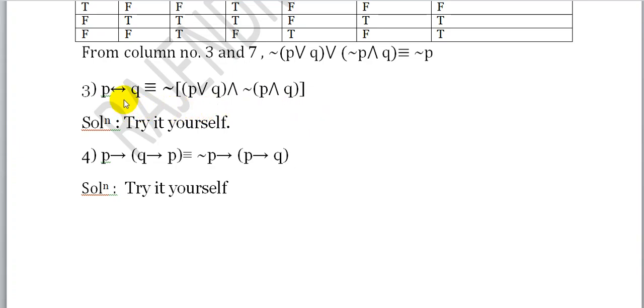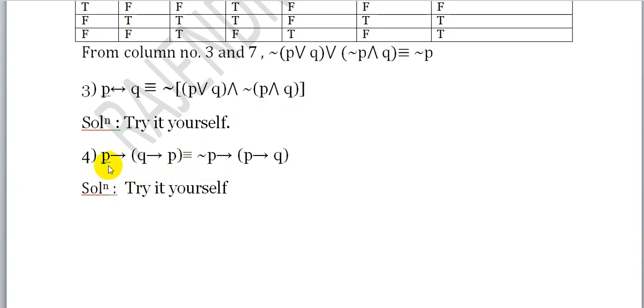For biconditional, I'll explain the rules once again. If both have the same letters, meaning both are T or both are F, then it is true, otherwise false. P or Q, if anyone is true, then it is true. P and Q, if both are true, then it is true, otherwise false. Okay, so you can prepare this table easily.